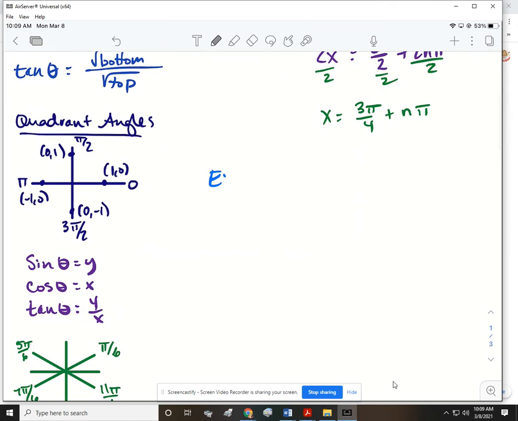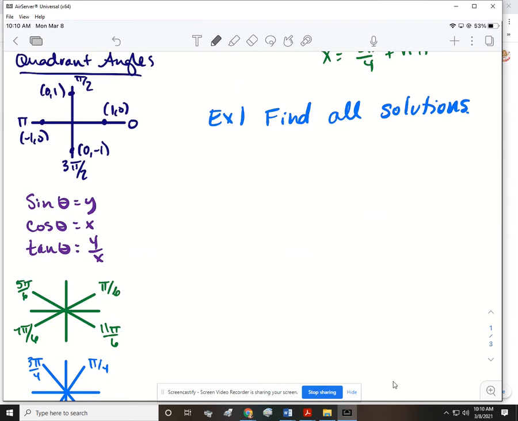All right, so for example 1, we're going to find all solutions. So no interval means we have to do the plus n pi or the plus 2n pi. All right, so A, we have the cosecant of 2x minus 2 over the square root of 3 equals 0. So we'll start off and just move that 2 over the square root of 3 over to the other side.